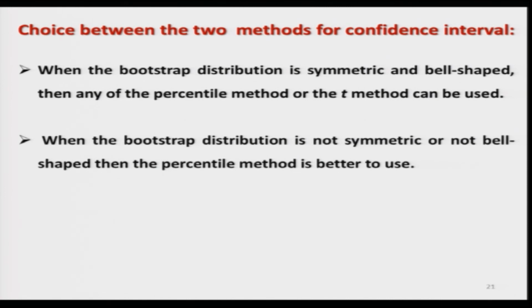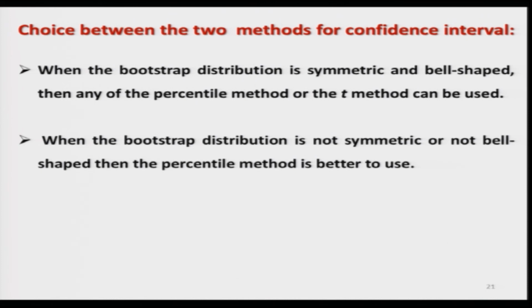Now, just to give you an idea of how one can choose between these two types of methods, which are based on percentile and on the concept of using the sampling distribution. Well, these are only guidelines, but they have to be followed in a proper way.